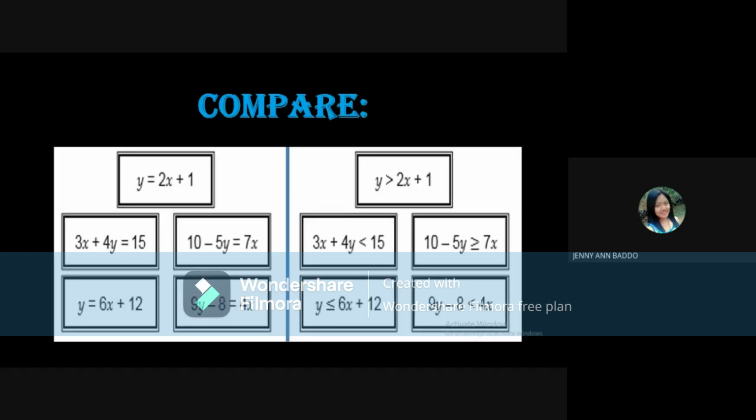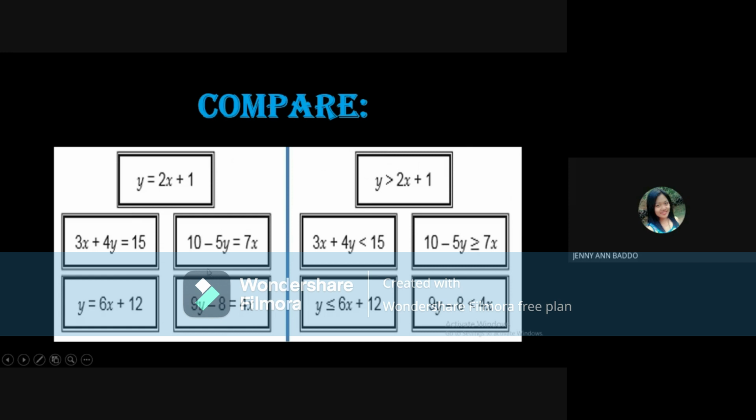But before we start with our discussion, let us first compare the following sets of mathematical expressions. We have two sets here. What can you observe on this first set? Very good.